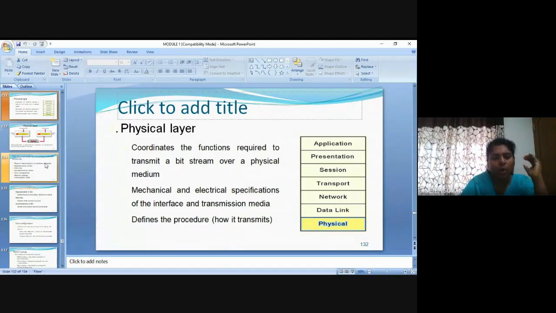The lowest layer is called the physical layer. The data coming from the data link layer, you can call it a frame, and that will be in the form of zeros and ones. Now what the physical layer does is coordinate the functions required to transmit a bit stream over the physical medium.